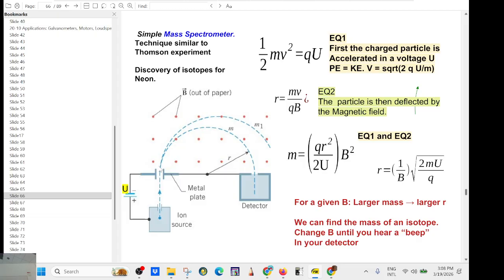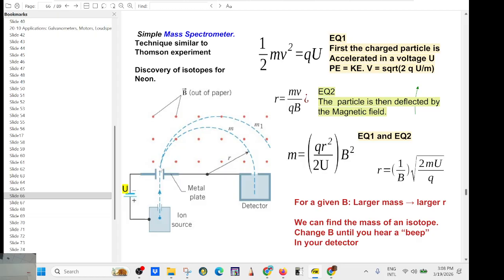So let's say it's an isotope and you don't know the mass of that isotope. Okay? So you accelerate the isotope, make a turn, and you're going to tune here the magnetic field. You're going to change the magnetic field magnitude because it's from an electromagnet, until you hear a click in your detector.